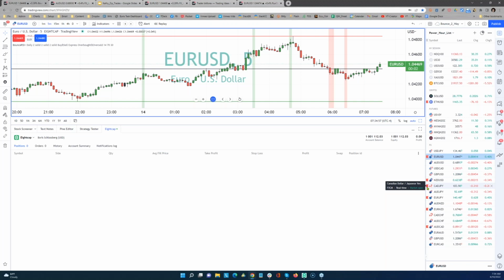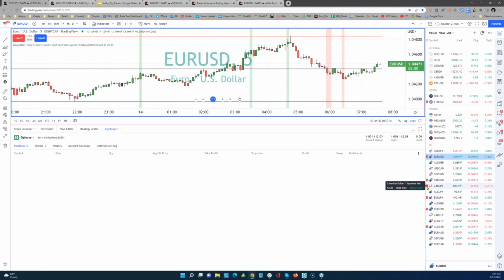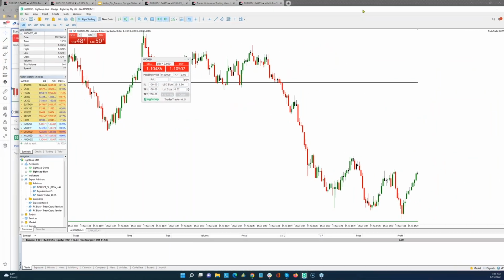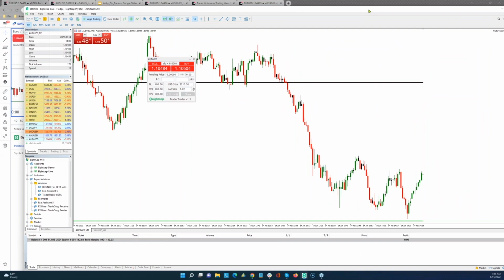So what we did is we created a special, and let me see if I can pull this up to you guys. Yeah, here we go. So this is MetaTrader 5. By the way, if you're trading through TradingView, you need to have a MetaTrader 5 account, right?